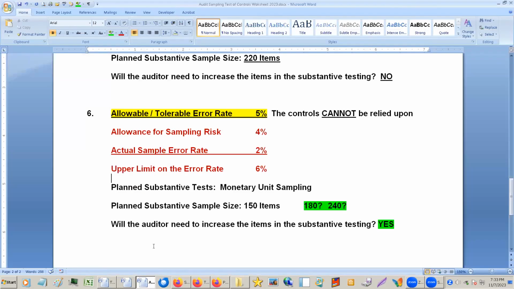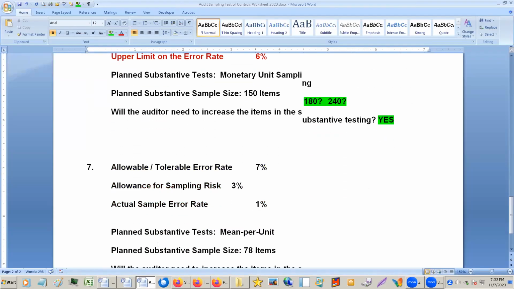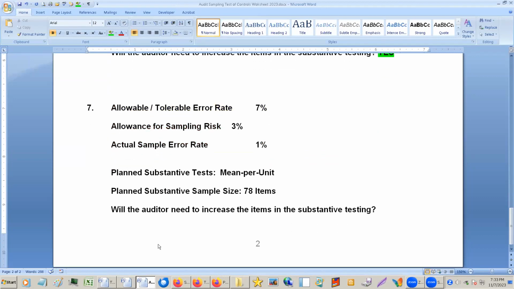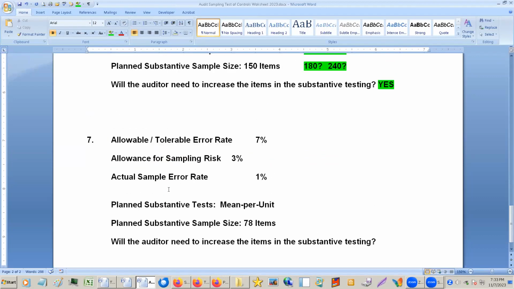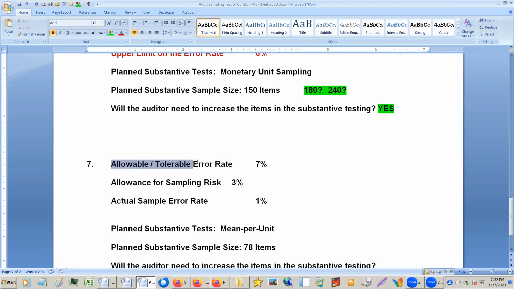Okay, back here. All right, let's take this one. So the allowable is that.